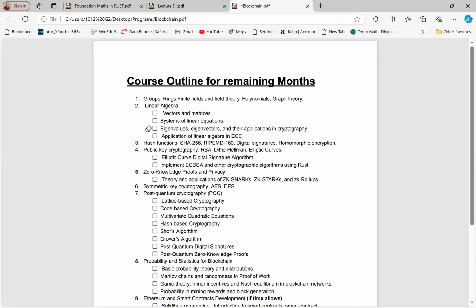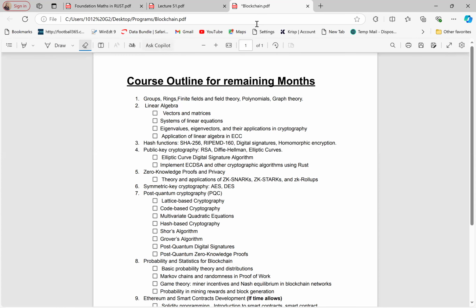I believe that after covering this topic 2, then we can begin attacking these other topics. We can begin from hash functions and so on, digital signatures as we go down. So that is the program.